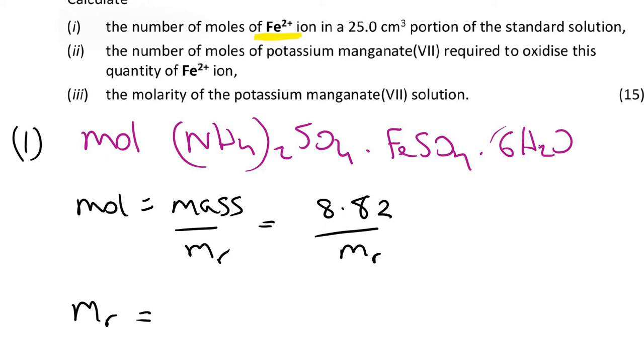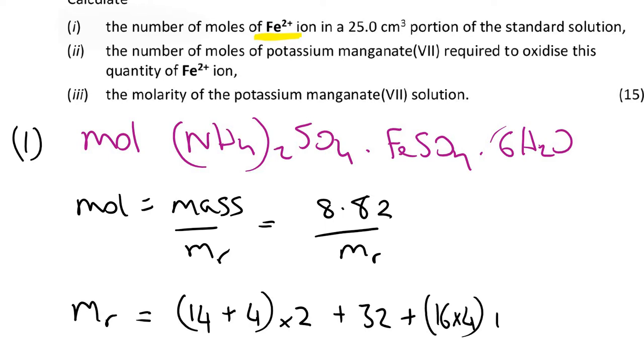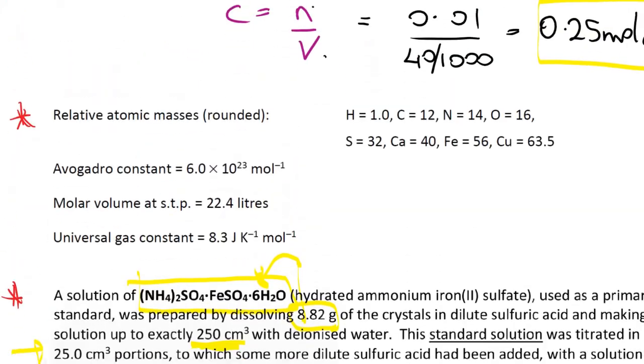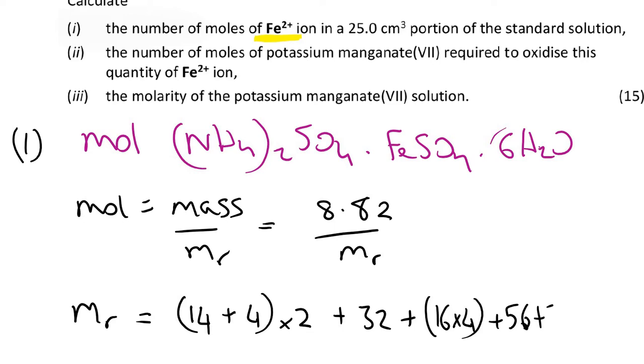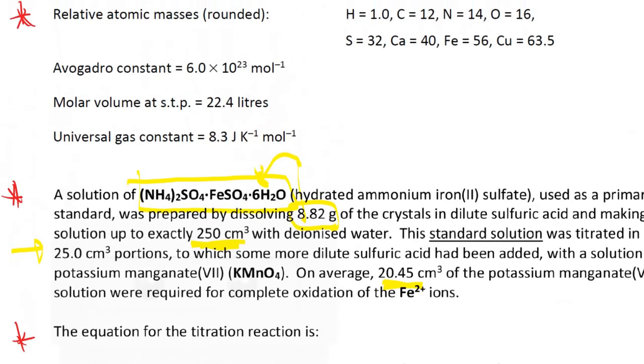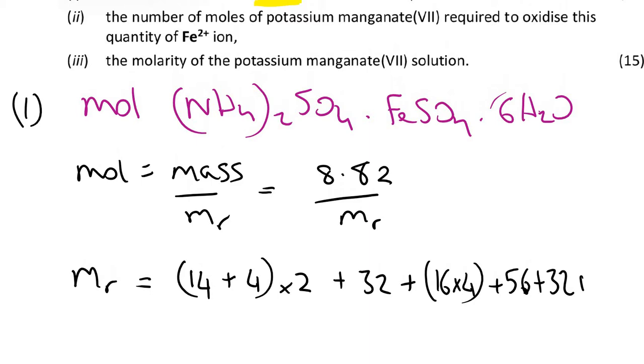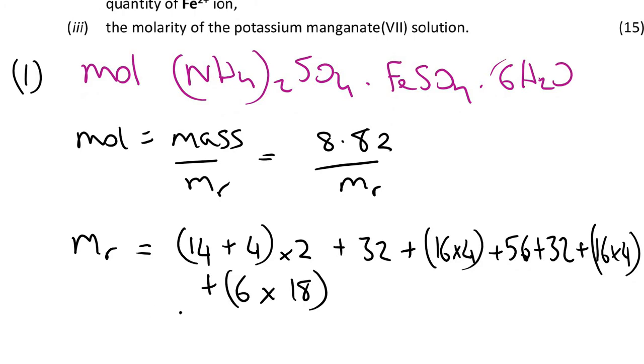So it's going to be 14 plus 4 by 2, plus 32, plus 16 by 4 for the 4 oxygens, plus iron, which in the question they've given me as 56, plus 32 for sulfur, plus 16 by 4, which is 4 oxygens, plus 6 by 18, because there's 6 water molecules. That gives me a figure of 392.